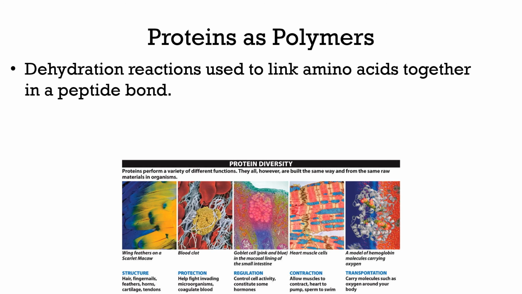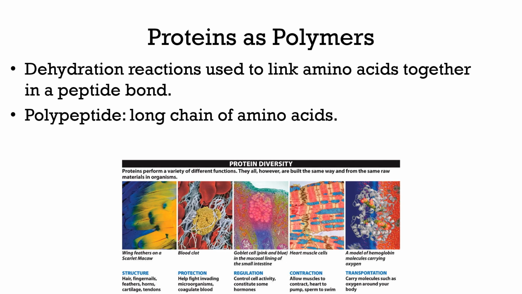When we form the polymers of these proteins or polypeptides, we still use the dehydration reaction. But again, I mentioned earlier that because we're dealing with amino acids, we call these peptide bonds. But the peptide bond is formed through the dehydration reaction, like we mentioned before. Polypeptides are these long chains of amino acids.